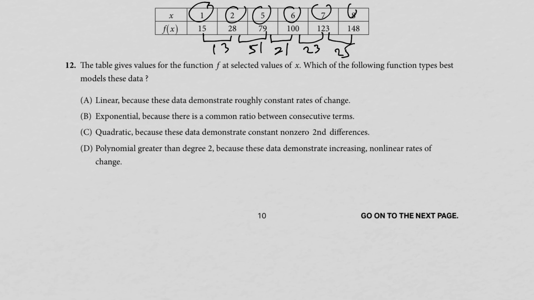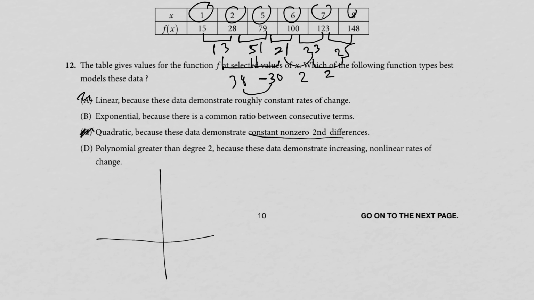So it's not linear, but it's also not quadratic, because if you do these differences now, you get 38. This one you get negative 30. And then 2. 2 again? Yeah.